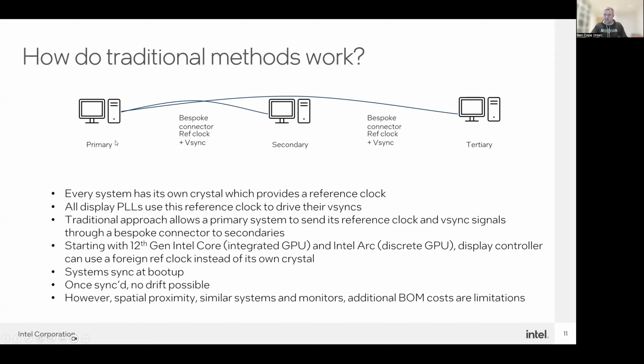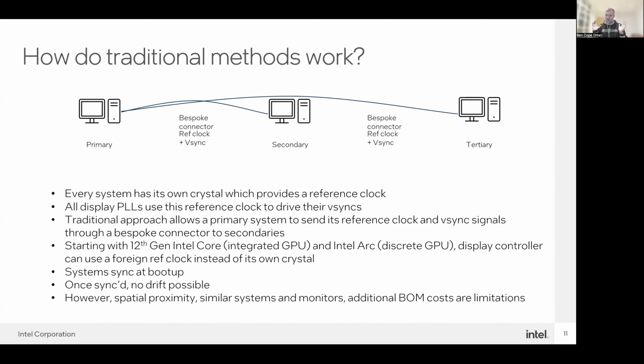So you can treat one of them as a primary and then the remaining systems base their own vsync signal and clock off that primary device. So you're inherently synchronizing them. Now, the way this works with Intel's GPUs is that this creates a synchronization at setup, at boot, and then once they are synchronized, they don't drift because you've got this inherent tie of the reference clock from the primary to the secondary and tertiary systems and that vsync timing.